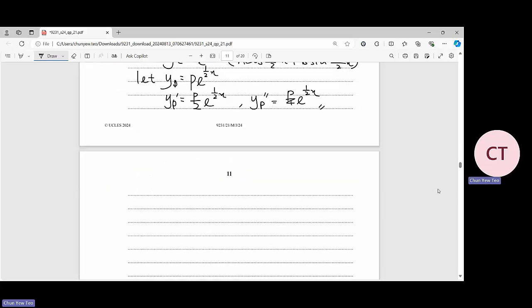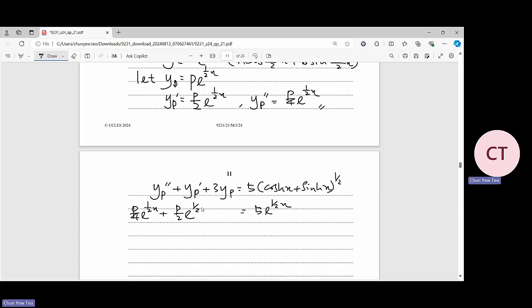Then after you found this, substitute them inside the second order differential equation. That will be yp double prime plus yp prime plus 3yp is equal to 5 times cos x plus sine x power half. We already know that this is e power half x. Just change it to this way. This is p over 4 e power half x. This is p over 2 e power half x. And this one will be 3p e power half x. So you can see all the e power half x can be cancelled because they are not equal to 0.